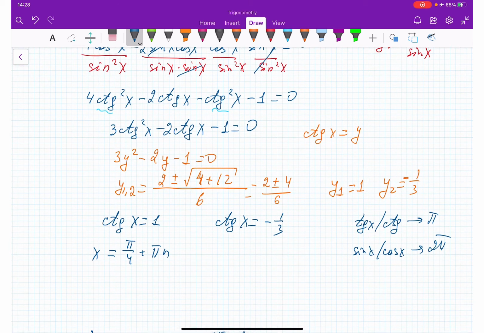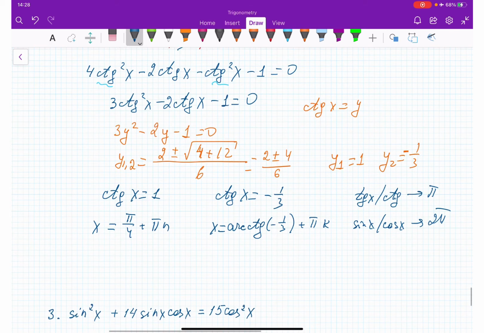And since here we have cotangent equal to negative 1/3, we don't have a nice value for that. You can go around the unit circle and see in what case cosine divided by sine gives you negative 1/3. Or the easiest way, you can just write x equals arctangent of negative 3 plus pi k.